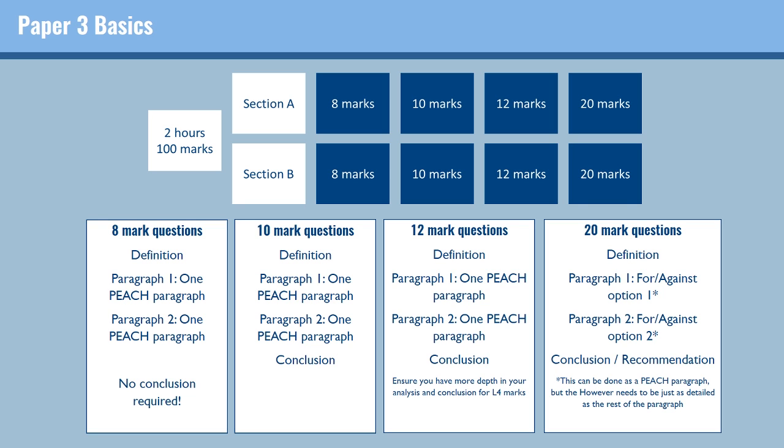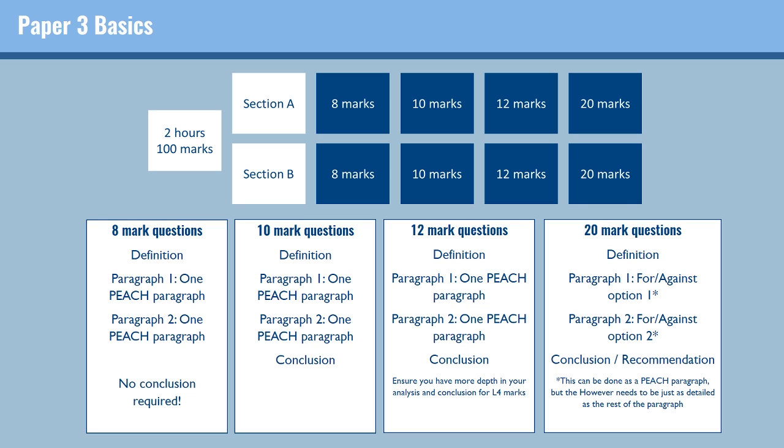So if it's assess two benefits of something, you need to make sure that paragraph 1 is a PEACH paragraph about one benefit. The second paragraph needs to also be a benefit. Now, the weird thing with this is you can get a question that says assess 2 benefits, so you would think, based on the question, that all you have to do is assess the 2 benefits.